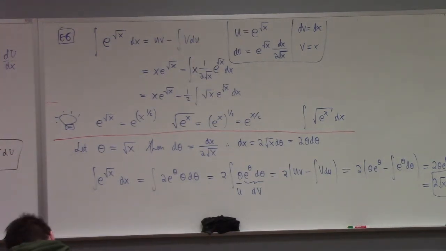This is a combined method problem because it's not just straight integration by parts. I had to make a substitution in order to get to an integration by parts problem. So you're like, why are you covering it today? It's Dr. Sprano's fault. He put it in my mind. He told me he gave a quiz with this, e to the square root of x dx, and 2/3 of his class couldn't do it. So, yeah.